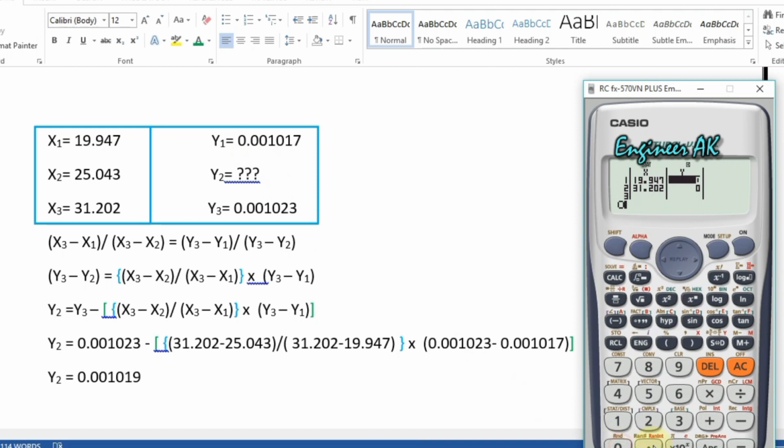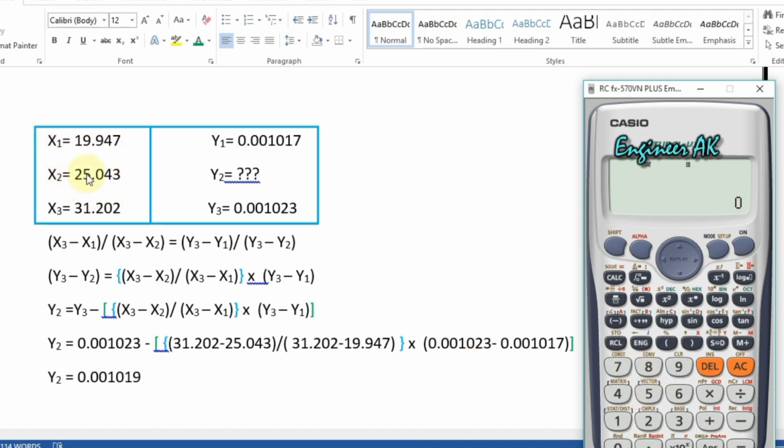Now moving to another box. The first value is 0.001017, right? And the second value is 0.001023, right? Okay, now after that you have to press the AC button. Now you first have to write the value at which you are going to find the interpolation.